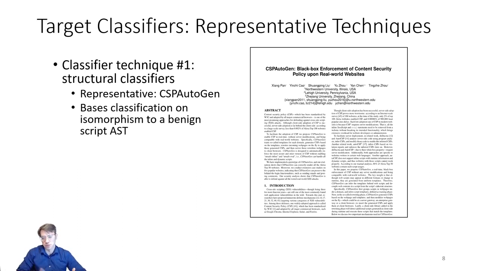The way structural classifiers work is that they determine whether a script is benign based on whether it is a structural match for something that it's seen as benign during its training phase. As such, CSP Autogen only needs a set of benign scripts and considers anything that is not similar in structure to a benign script to be malicious.